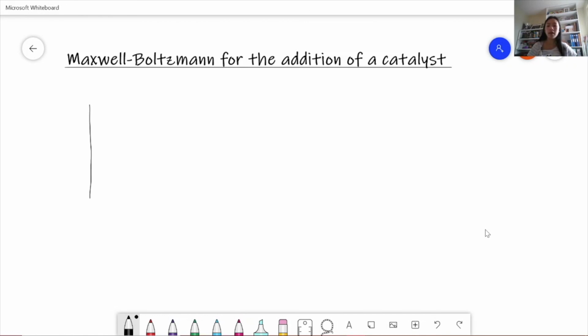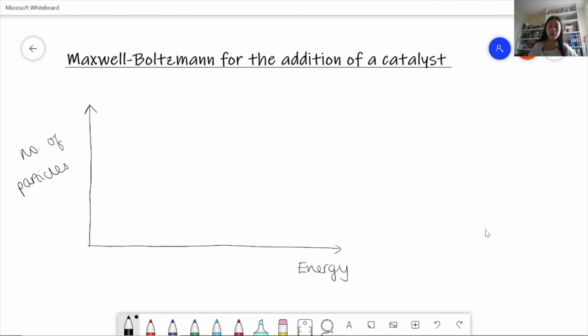So if this is our normal distribution, and we have the number of particles or molecules, and this is the amount of energy, if the graph normally looks like this, with the most probable energy over here, and the activation energy over here, then we can work out how the graph changes for the addition of a catalyst.